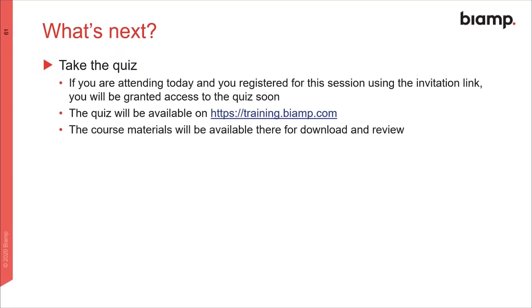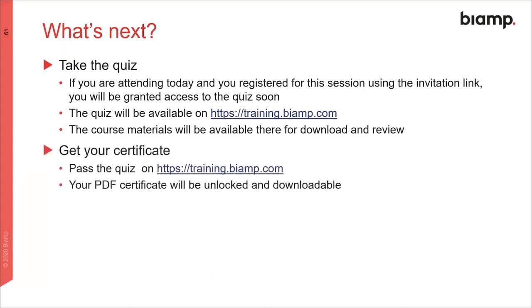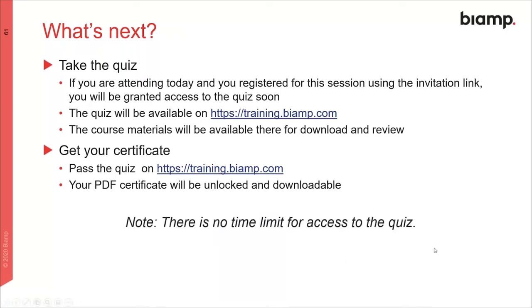You can simply attempt the quiz directly, and once you pass the quiz, you will unlock your certificate. The course materials are available so you can do a review. You can also use the handout that we have here on the console; you can download it under the handout section. And there is no time limit, so do it at your own pace.